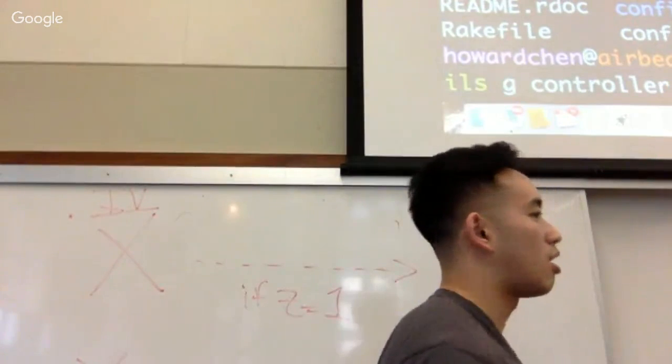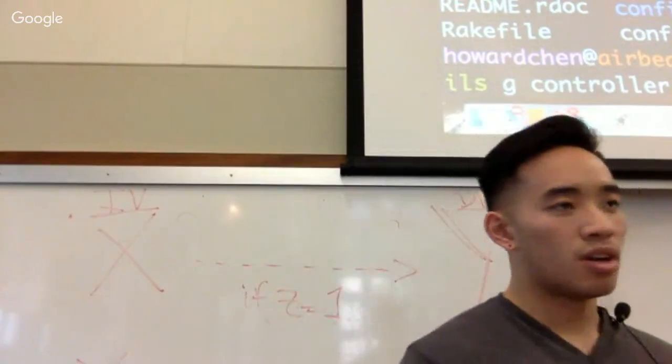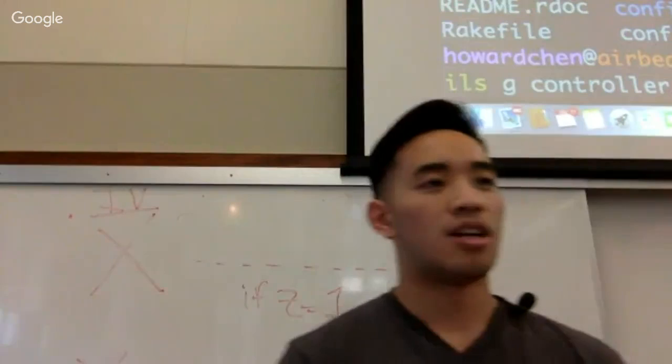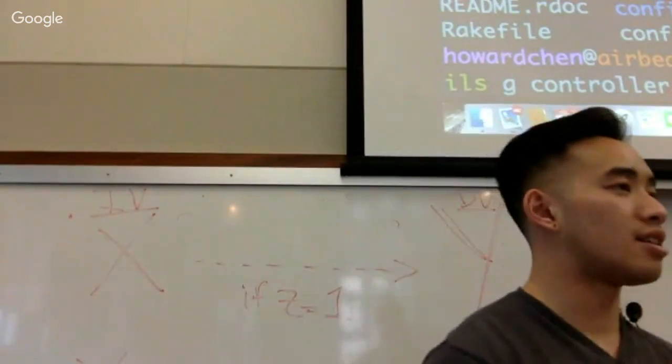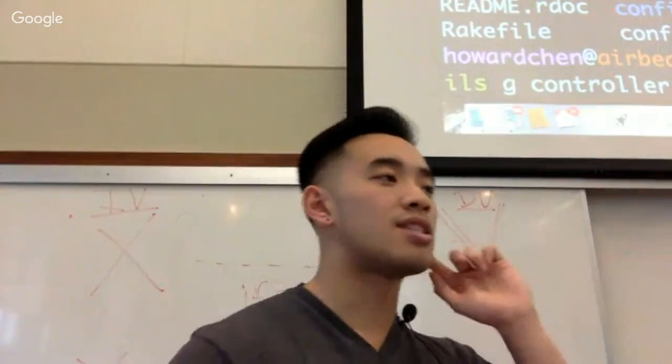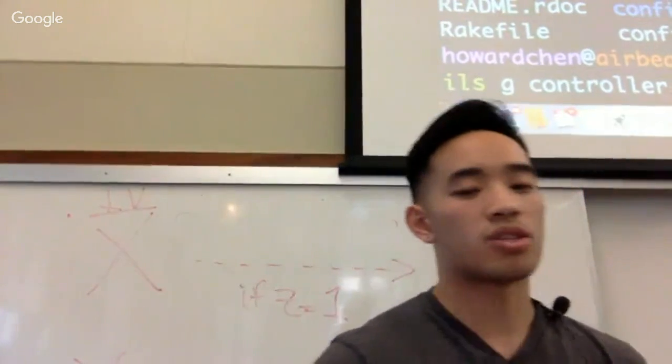I'm going to say it is going to be a users controller. An important thing, I'm not sure if I mentioned this yet, is that if you want a controller that is tied to a model to exist, the name of the controller should be pluralized. So I'm going to call it a users controller. And the method I had from last week on it was index, which says, show me all the users in my database. So I'm going to run this generator.